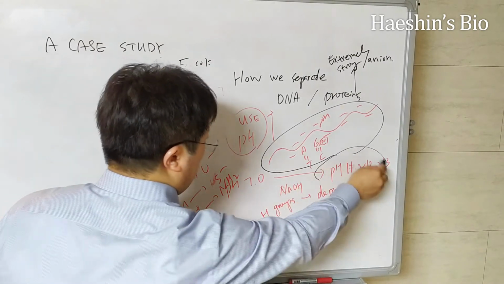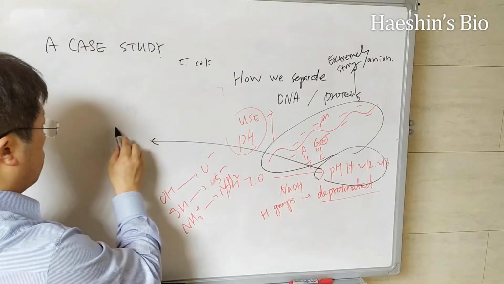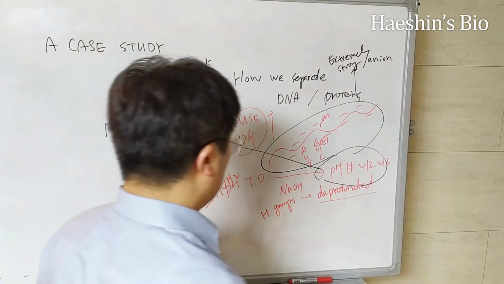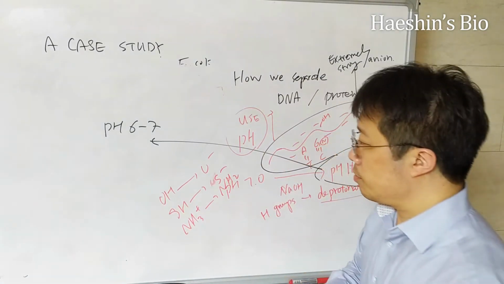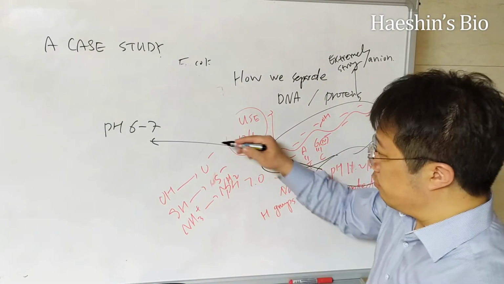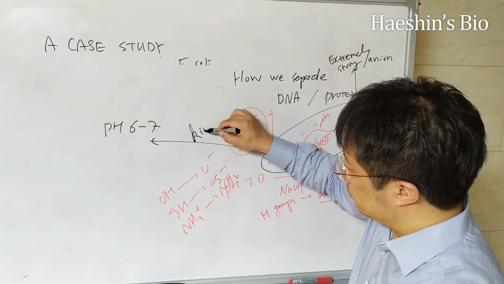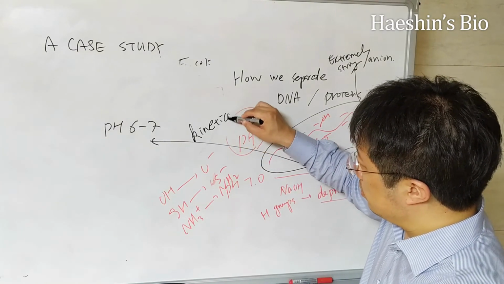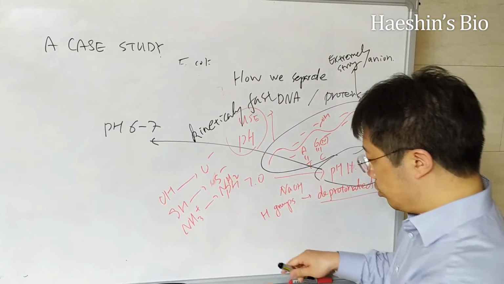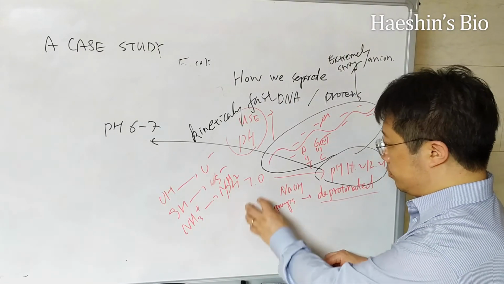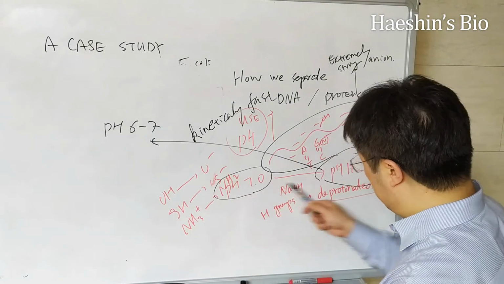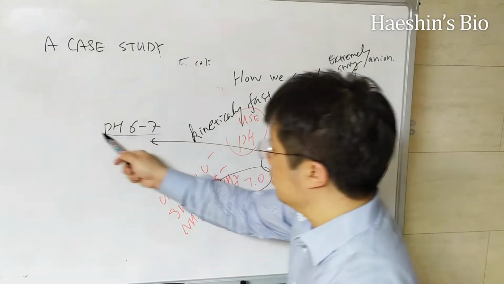But when you decrease the pH back to pH 6 or 7, the original pH, the thing is that it is kinetically fast. Let me make things clear; there are three things.